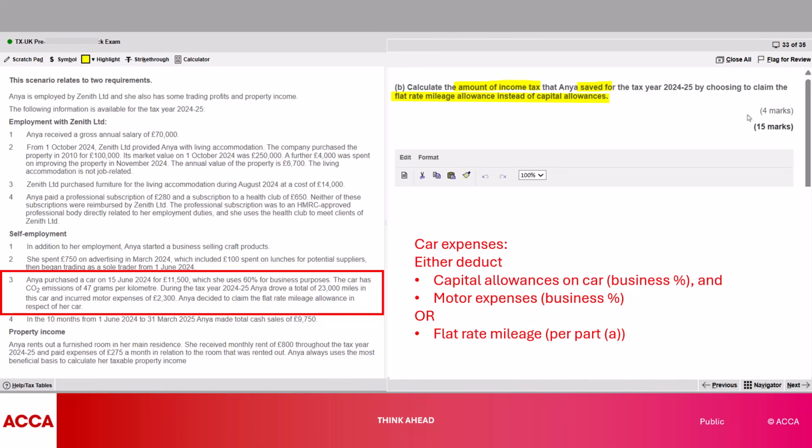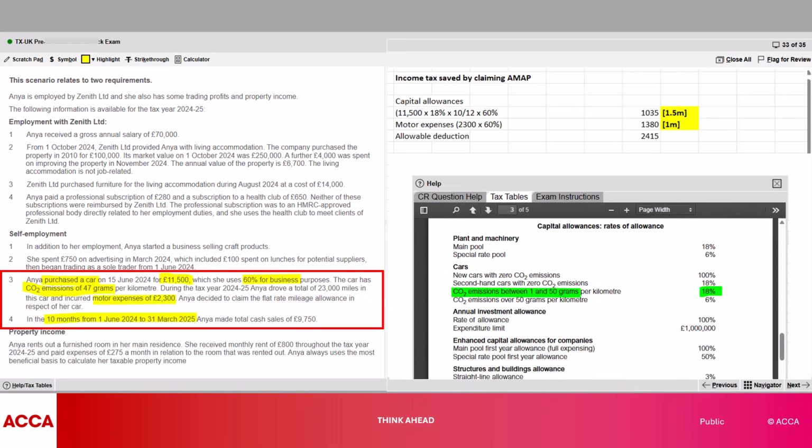And it's only 4 marks, so we don't want to be doing full income tax computations with the 2 different amounts here. The capital allowances, we've purchased a car for 11,500. We've got the emissions, so in the tax tables between 1 and 50 grams is 18%, and it's 60% for business.